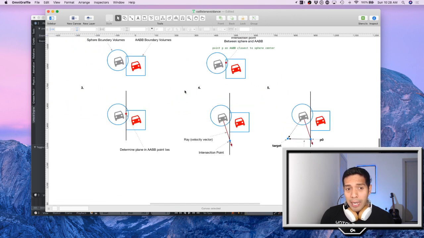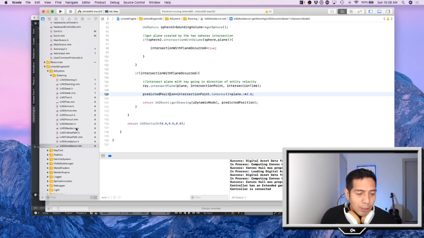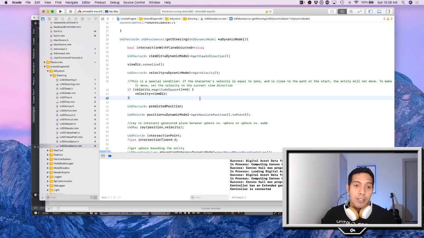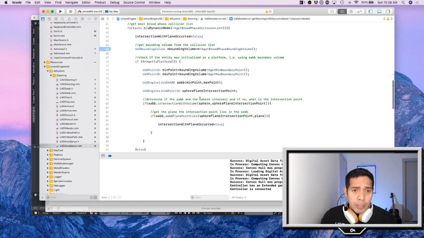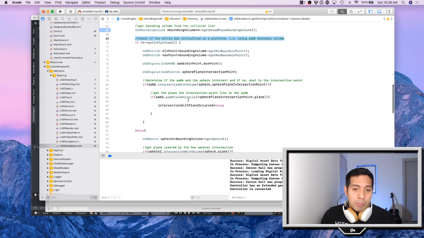And that's basically what I did in the engine. I actually created that new class called UAvoidance, and in the particular method that is in charge of steering the character, I do exactly what I showed you. Number one, I check if I should use the AABB boundary volume for the particular character, and then do a bunch of intersection tests with the cube and the sphere, then get the plane the intersection point lies on.